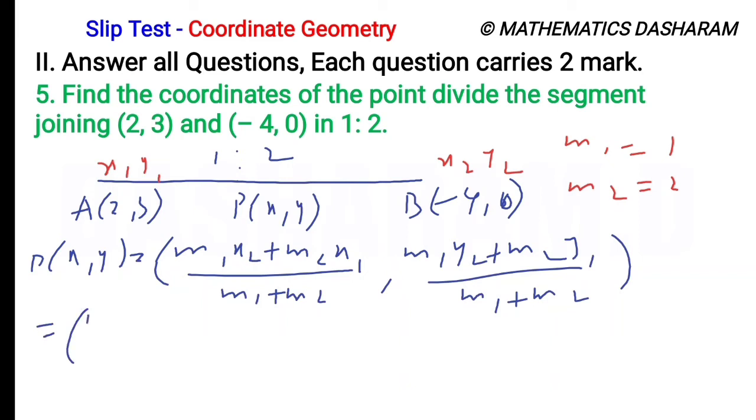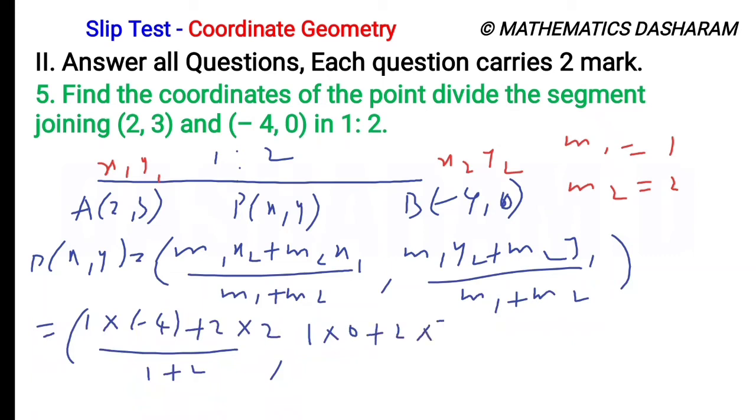So let's substitute the values. m1 is 1 and x2 value is minus 4, plus m2 is 2 and x1 value is 2, divided by 1 plus 2. Next m1 is 1, y2 value 0, plus m2 is 2, y1 value 3, divided by 1 plus 2. So 1 into minus 4 is minus 4, 2 twos are 4, by 3.